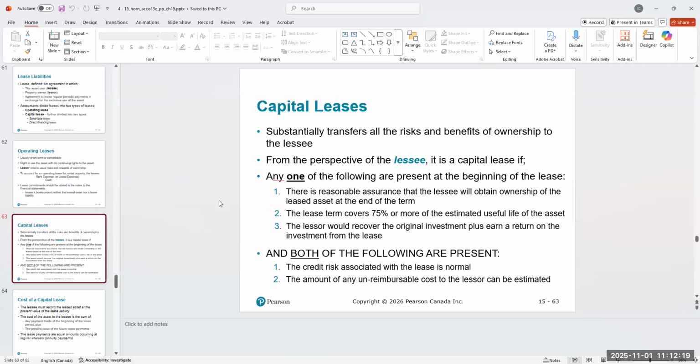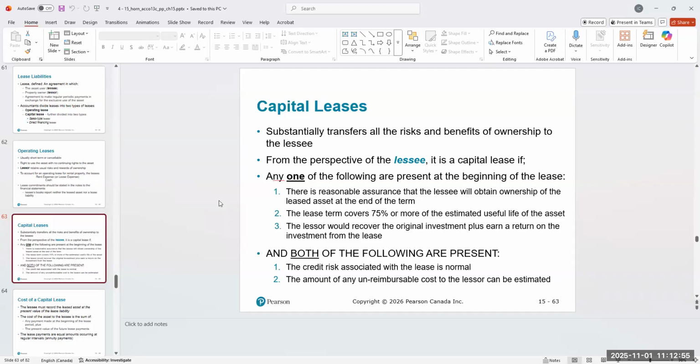But again, the asset is worth $50,000, that's how much the lessor paid for it. Over the 7 years, the lessor receives $65,000, which is more than he initially paid for the asset, then this is a capital lease. So this is one of the following being present.